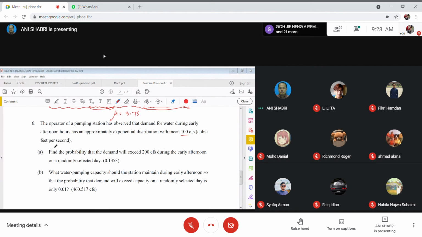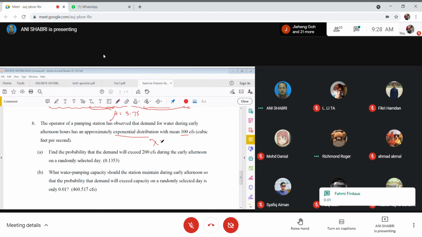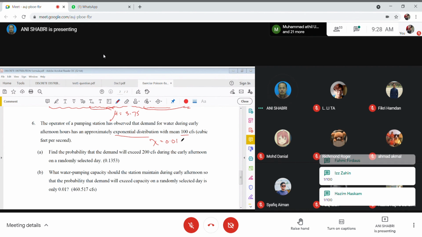This one is exponential. Okay, what is the lambda? Lambda is very important for this one. It is 0.01, equal to 1 divided by 100.